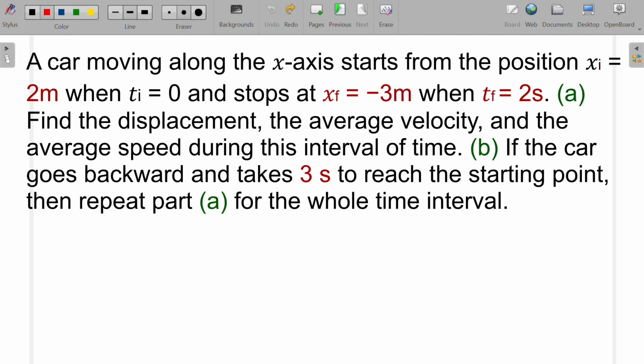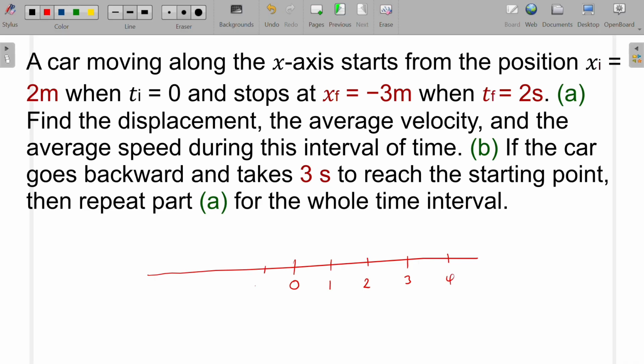So according to what we are given, let's use a number line to represent what we are given here. Let's say we have this as our number line, and this is 0. Here we have 1, 2, 3, and 4.